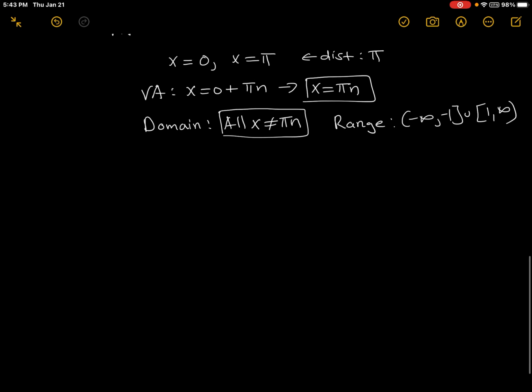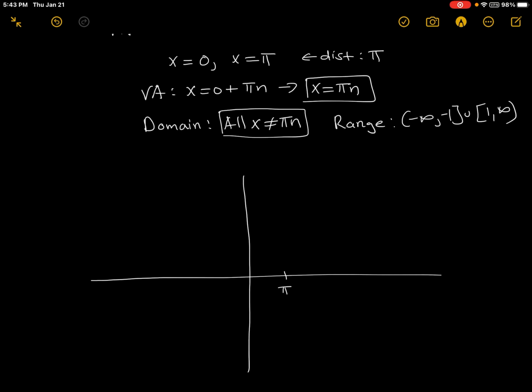All right, so let's finish this problem by graphing our cosecant x graph. Again, let's write out our commonly used x values on our x-axis that are on the unit circle.